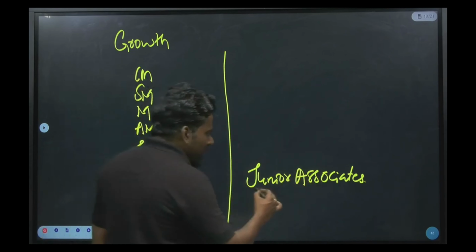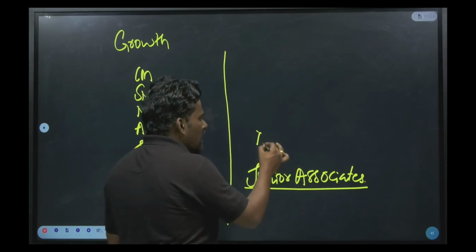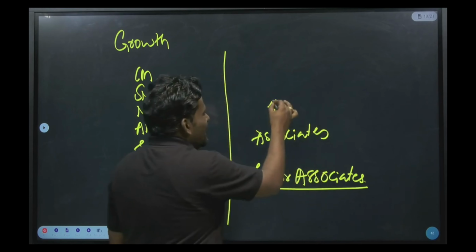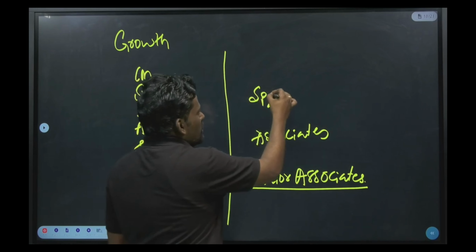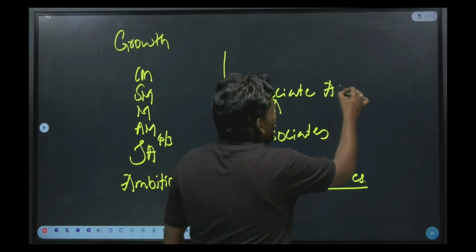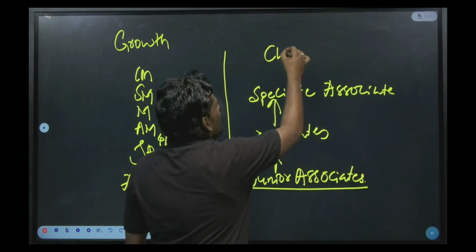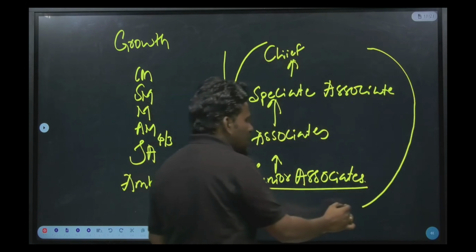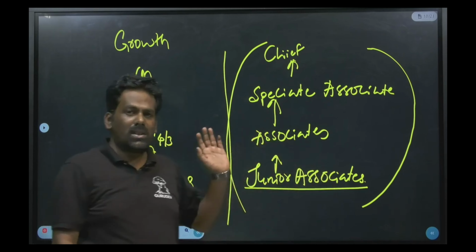If a person joins as junior associate, after 5 or 6 years he will become associate, then after 5 years again he'll become special associate, then after a few years he will become chief associate, something like that. So these many designations are there with respect to the associate cadre, or clerical cadre only. So this is the growth opportunity.